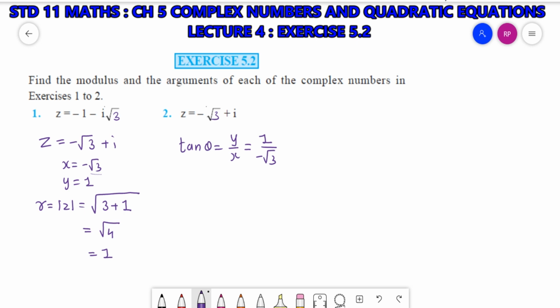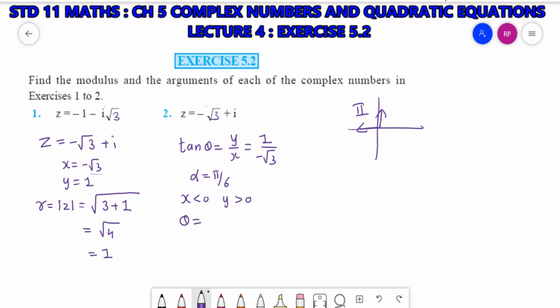Now when is the value of tan 1 by root 3? 30 degrees, that is pi by 6. Now which quadrant is it? x is less than 0, y is greater than 0. x negative, y positive. So this is in the second quadrant. And in the second quadrant we will use pi minus alpha.